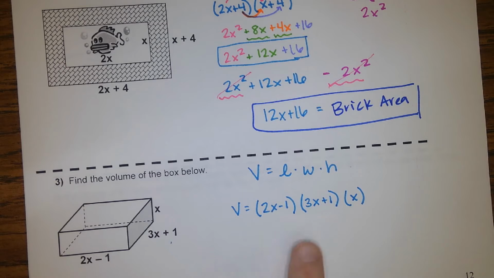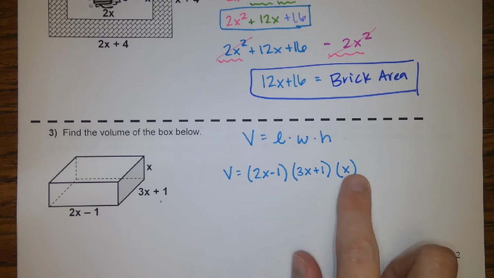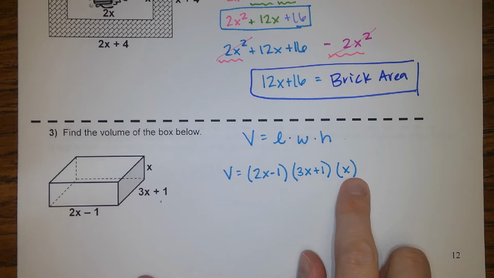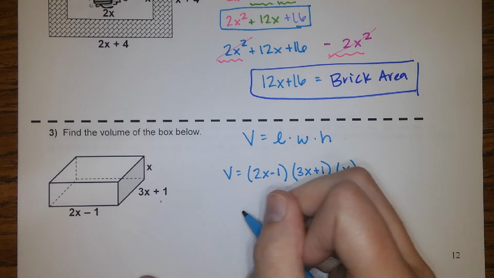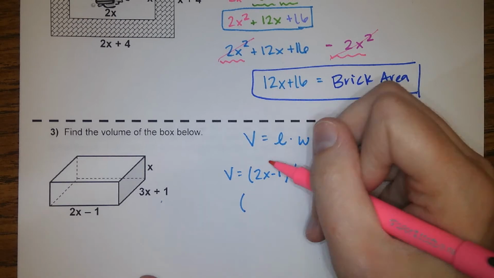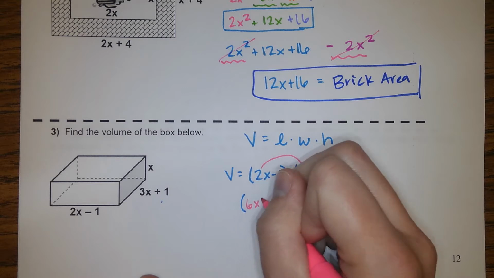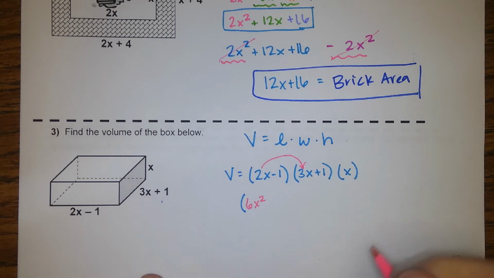So what I'm going to focus on first is multiplying out these binomials, and then we'll worry about the x at the end, okay? So the very first thing we want to do is multiply. So let's see here. We have 2x times 3x, which would be 6x squared, okay?